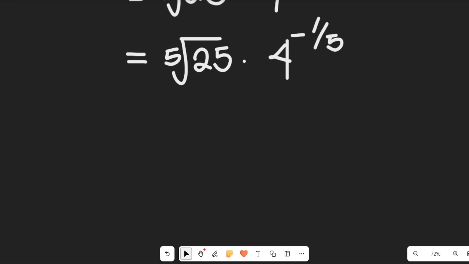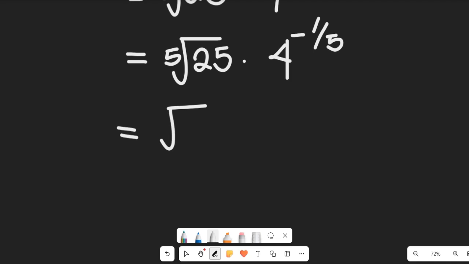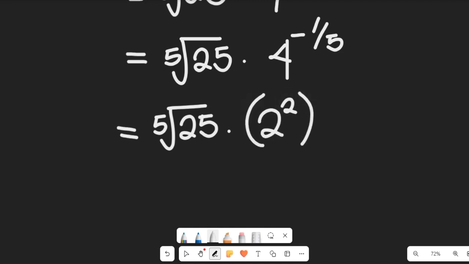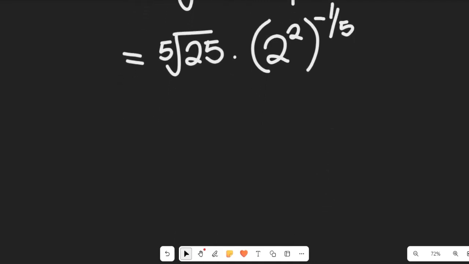If I reduce this expression, 4 can be raised to the power of 2. So this expression will give me the fifth root of 25 multiplied by 2 to the power of 2, all multiplied by negative 1 divided by 5. So where will this expression head us to?